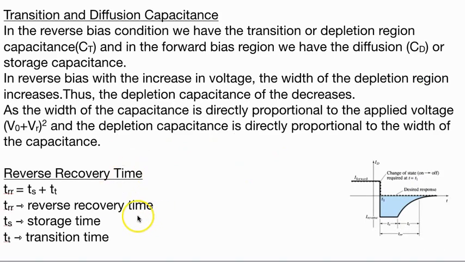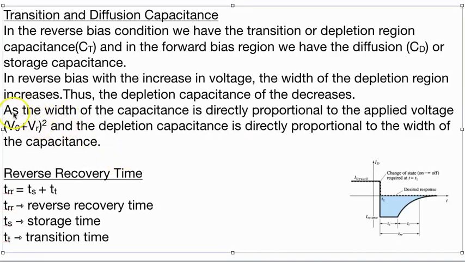Now moving on. The capacitance depends on the applied voltage, as we have earlier seen from the formula, with V naught plus V_R. Kindly make a few changes in this line: the width of the depletion region is directly proportional to the square root of V naught plus V_R, and the depletion capacitance is inversely proportional to the width.